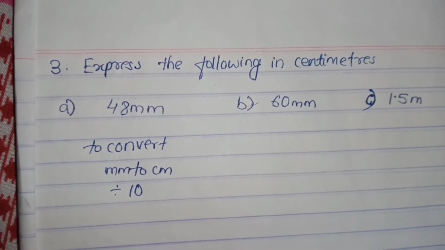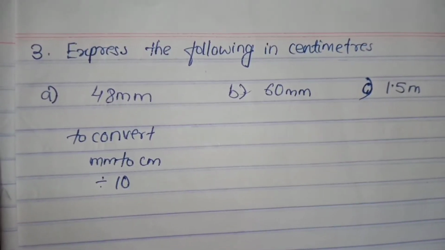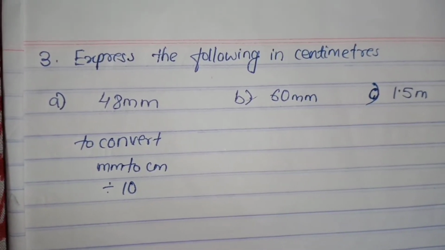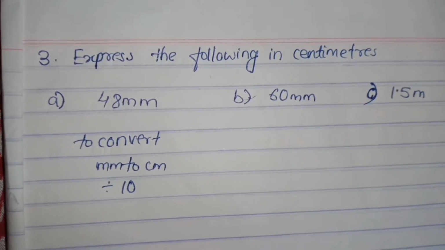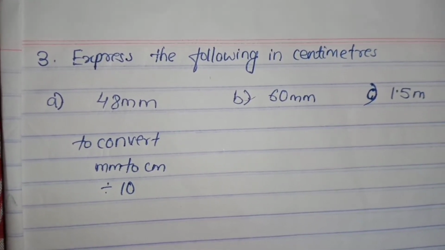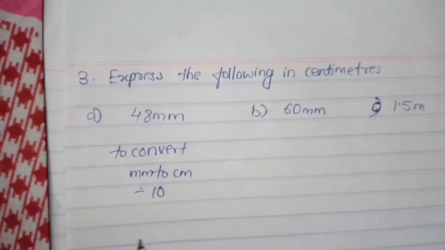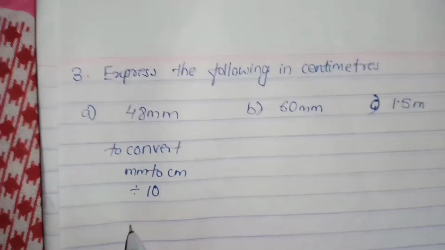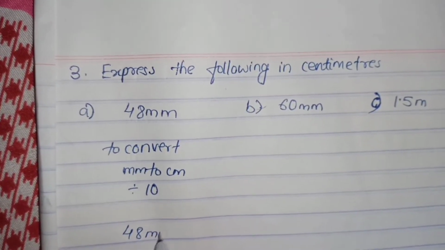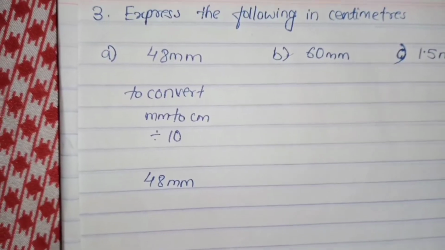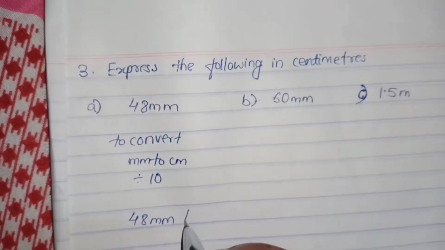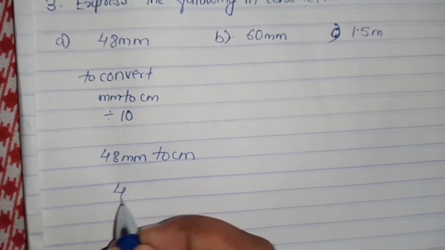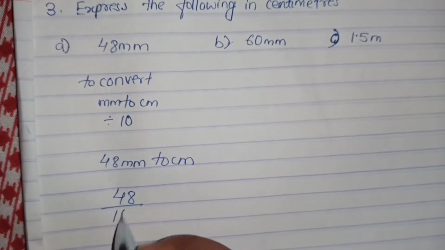Here we are converting millimeter to centimeter, smaller unit to bigger unit, so we will divide, by 10. Now let's do 48 millimeter. We have to convert this 48 millimeter to centimeter, so 48 divided by 10.